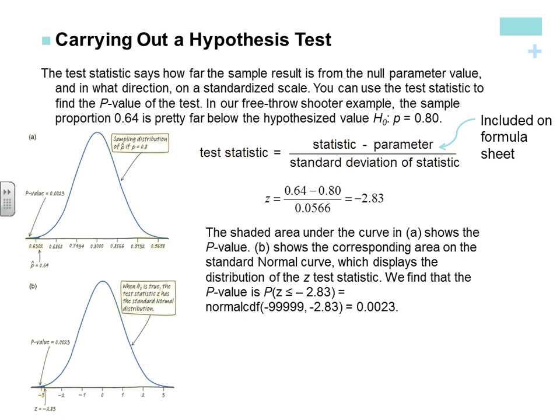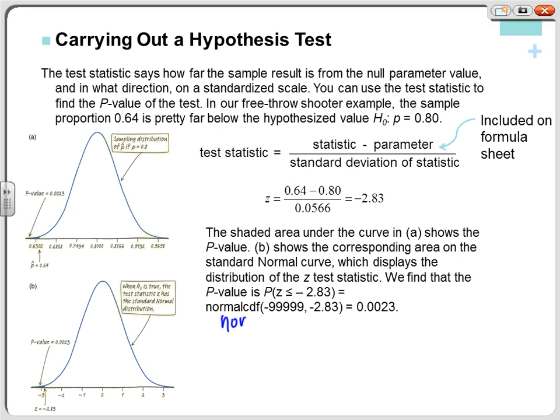But you do not have to always convert it back to z's. You could have just done the normal CDF from negative infinity to that 0.64, and in this case we had a mean of 0.8 and a standard deviation of 0.0566.